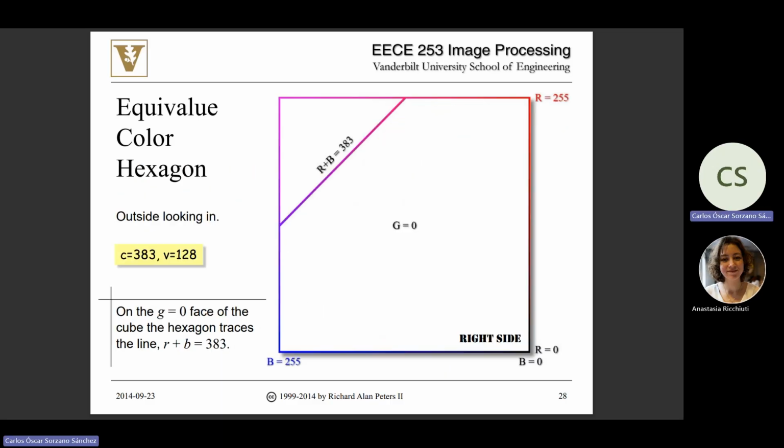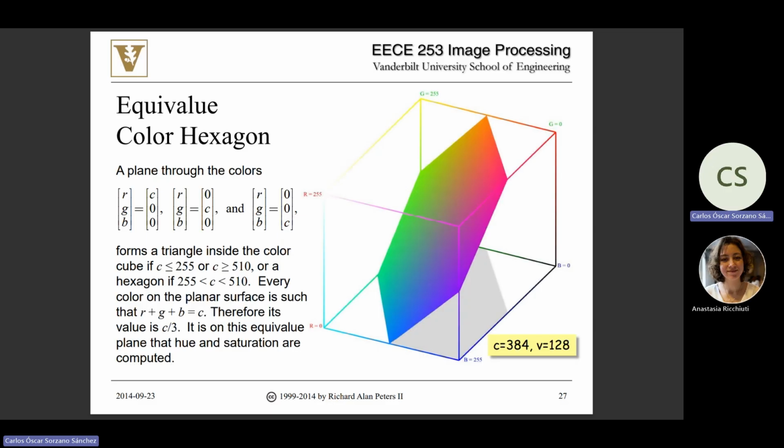Very good. Then we can look at some other plane, for instance. Let's look at the plane G equals 0 again, and let's look at this line for this particular constant.